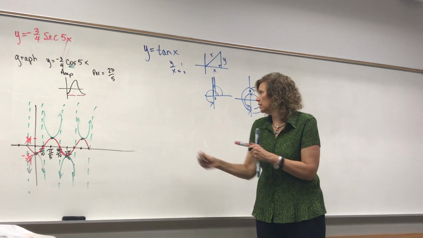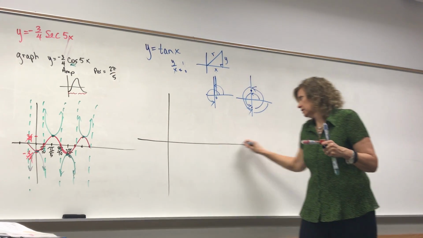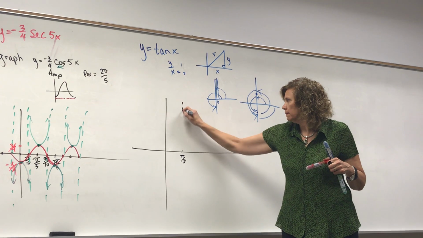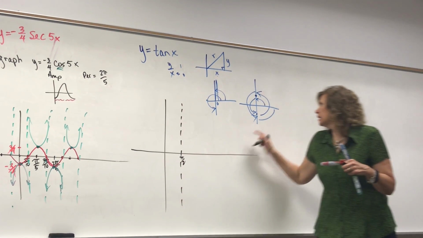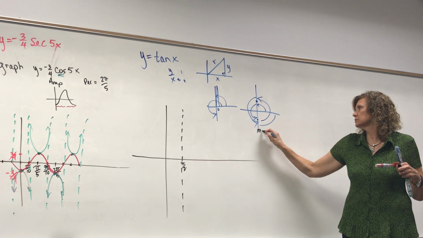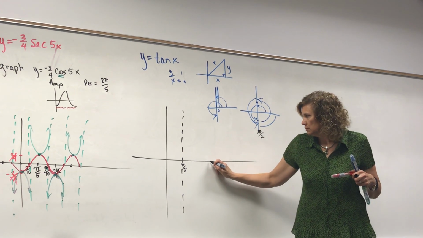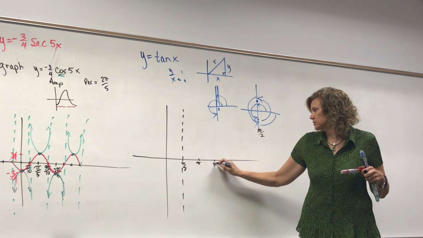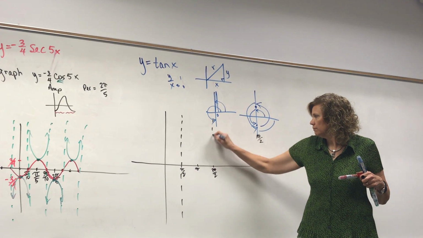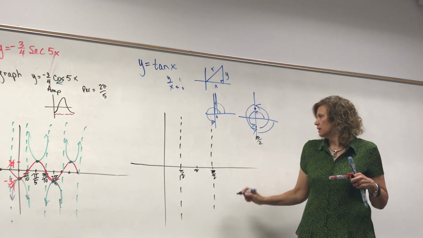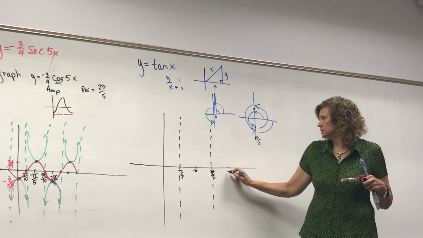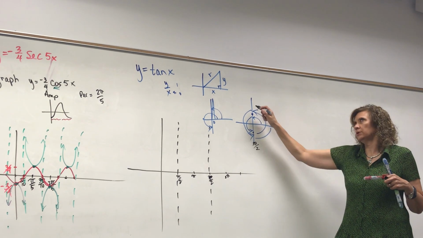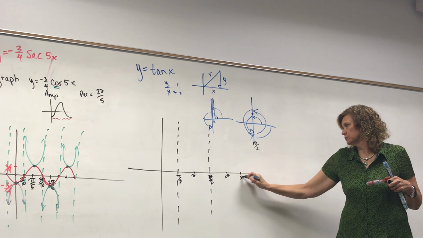So we're going to have an asymptote at π/2, the bottom part of the y-axis, 3π/2. If I went all the way around and up there, I'm at 5π/2.